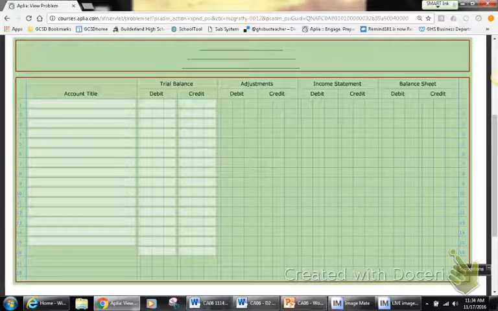If we weren't doing a problem where they're telling you, where would we get all these balances from? The ledger. Good, from the ledger. So we're going to take the balances in the ledger accounts, and we're going to put those debit balances in the debit column, and the credit balances in the credit column.